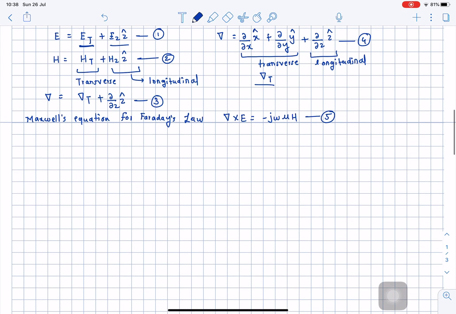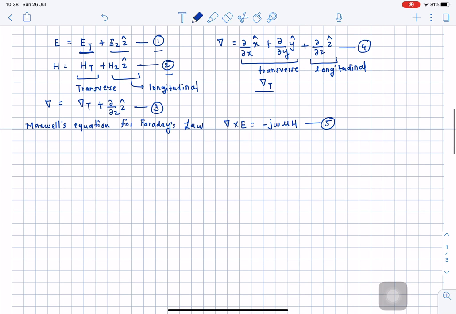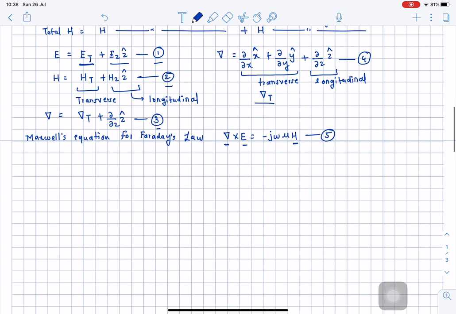Equation 1 and 2 in equation number 3, and then we put this into equation 5. So del we take from equation 3, this E we take from equation 1, and this H we take from equation 2. So what will happen when we substitute equation 1, equation 2 and equation 3 all together in equation 5?